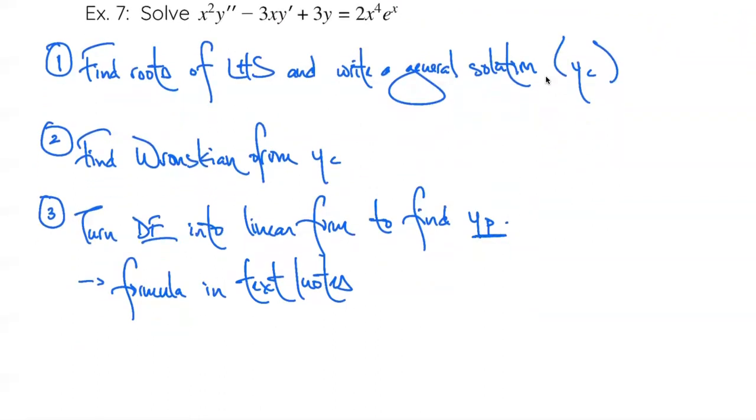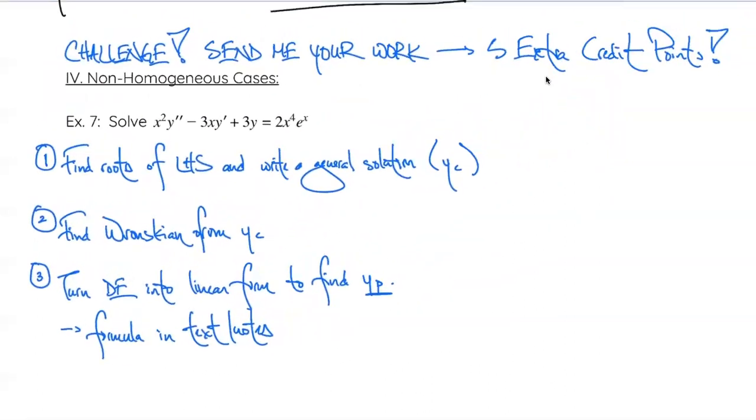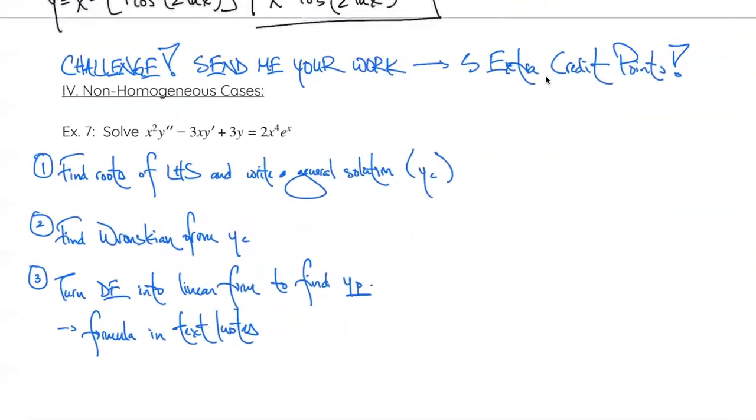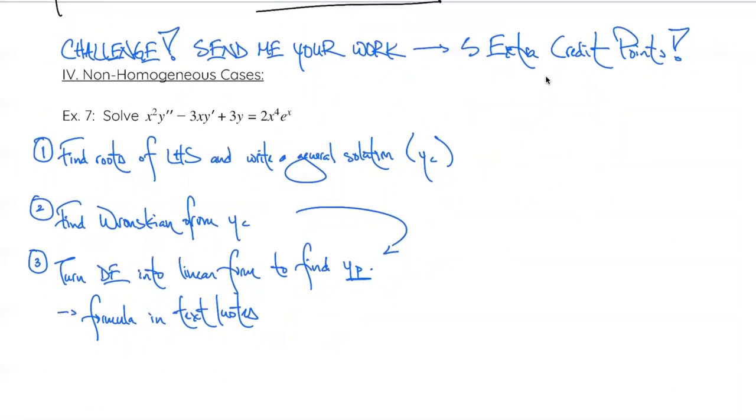All right. Now, this is a fairly lengthy problem, all right? So you're going to find the roots of the left-hand side to find that y sub c. You're also going to find the Wronskian from the y sub c. This Wronskian will be useful in finding your particular solution, your y sub p. And as I said, there's a formula that you can use to go ahead and do that. You'll also need some other integration techniques.